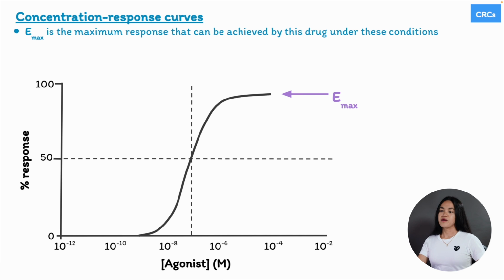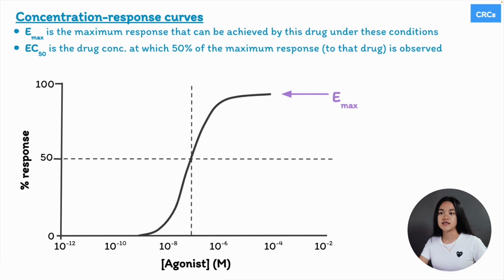The other important parameter obtained from CRCs is the EC50, which stands for the effective concentration of 50%. The EC50, this right here, refers to the drug concentration at which 50% of the maximum response to the drug is observed. It's important to understand that the EC50 pertains to concentration, indicating where the graph sits on the horizontal axis.